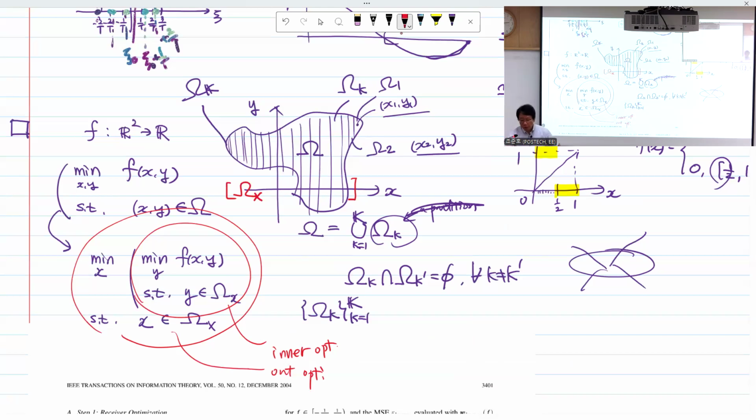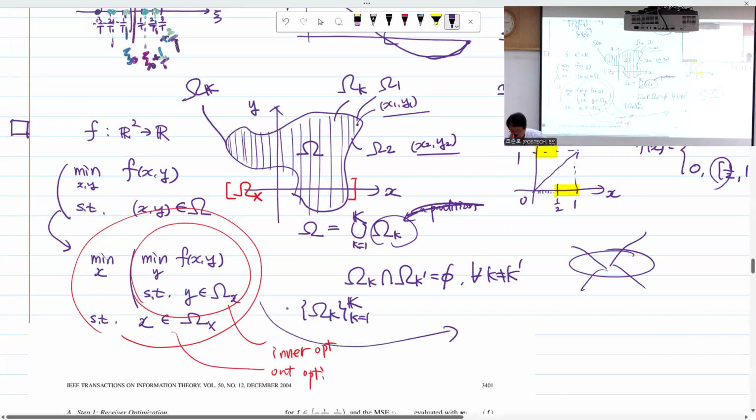And you do the same thing for the alternative double minimization. Got it?